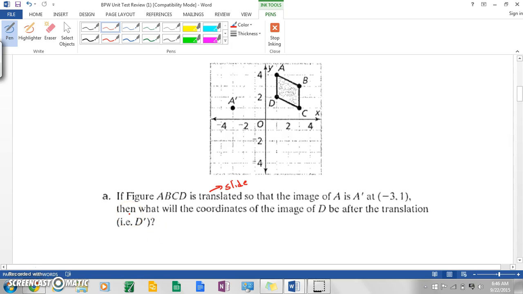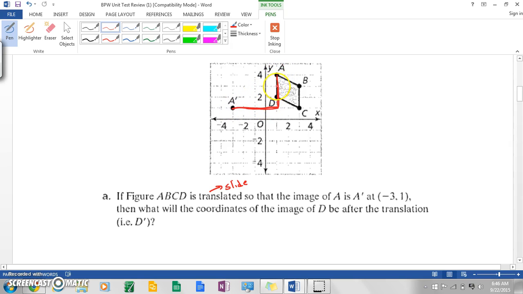If figure ABCD is translated so that the new A is over here, that means each one of these points went down and to the left. This was our original. We slid this down and to the left. Now we needed an idea of how far.